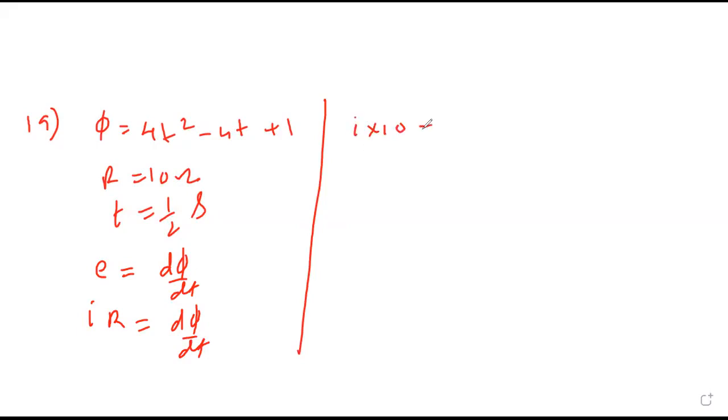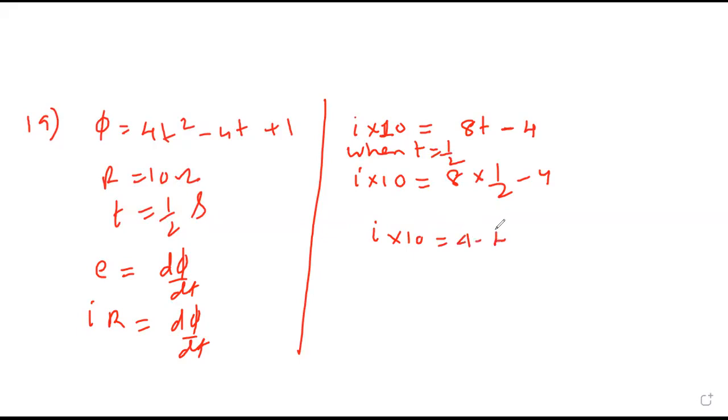I into 10, derivative will be 8t minus 4. So I into 10 is 8 into half minus 4, when t equal to half. So I into 10 is 4 minus 4, which is 0. So current is 0. Option 2.